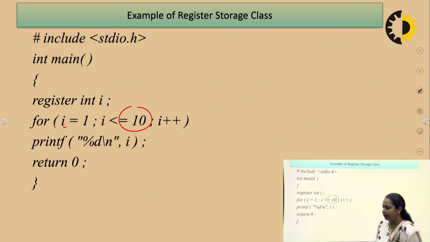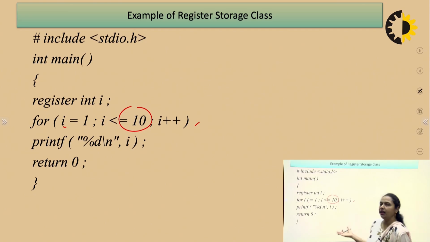But if we directly store it in the register of the CPU, then the transfer time will be saved and the execution will be faster, because I is stored directly in the register and the time taken in transferring data from memory to register will be reduced. So this is the example which can be discussed while using register storage class.